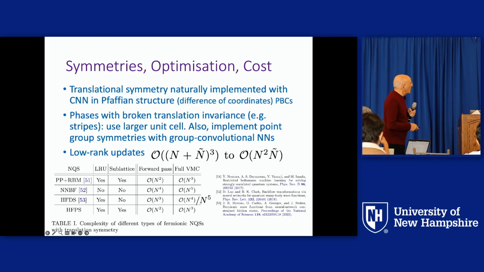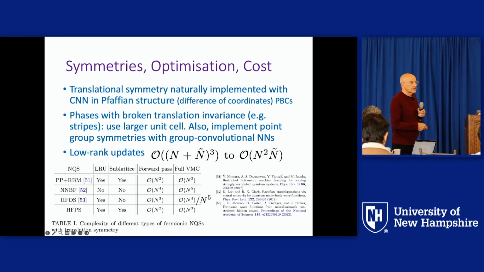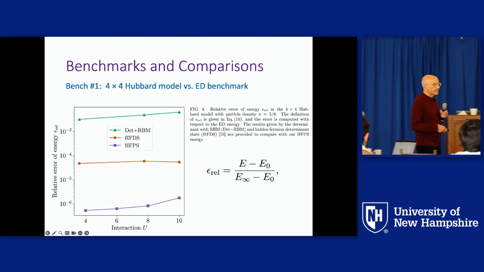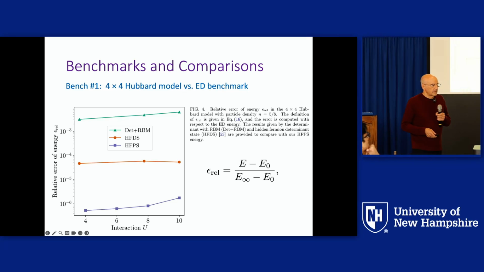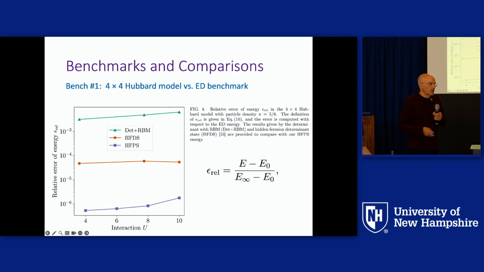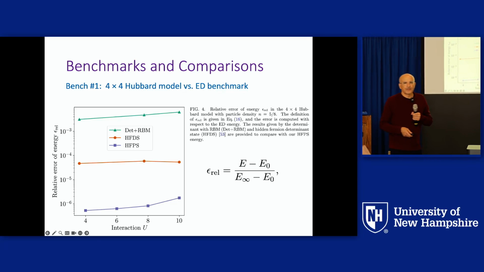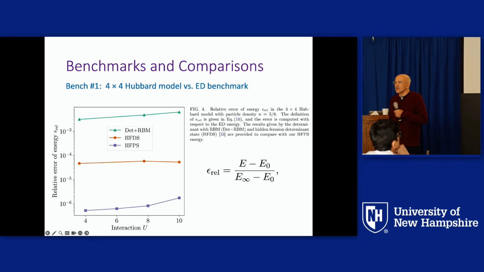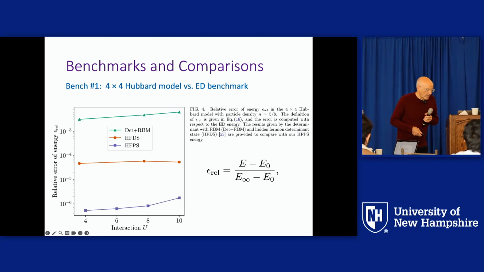Quick question. These scaling considerations might imply that I should just use the hidden fermion Pfaffian, even for non-superconducting states. Yes, I think this is correct.